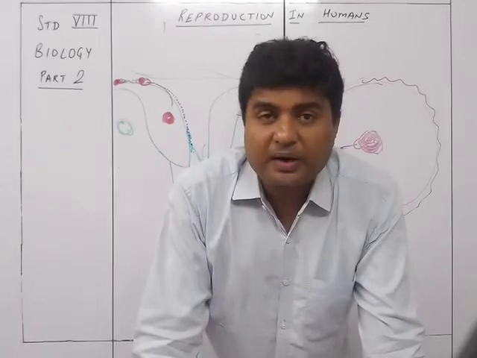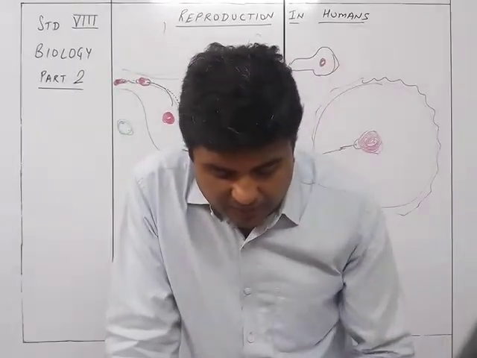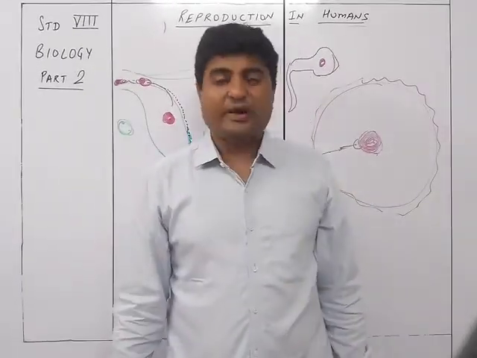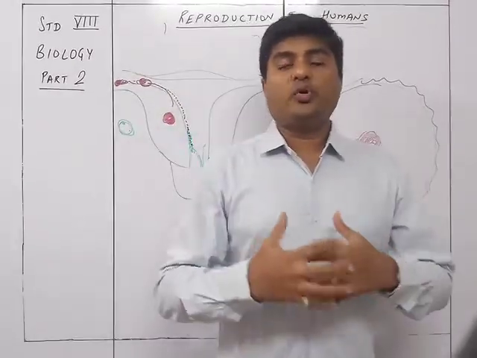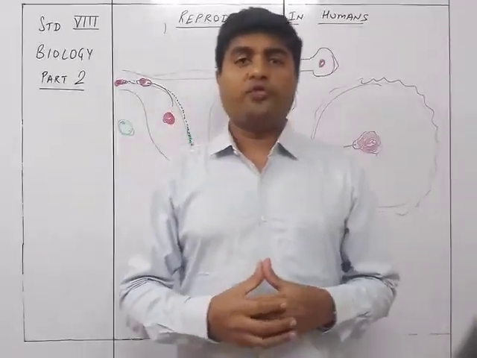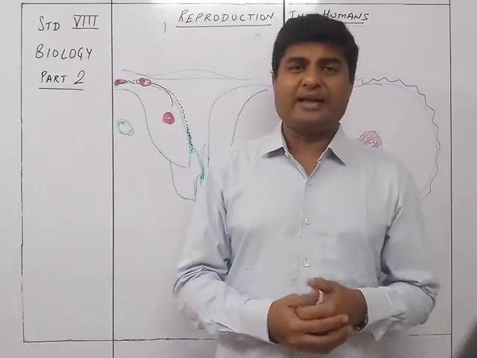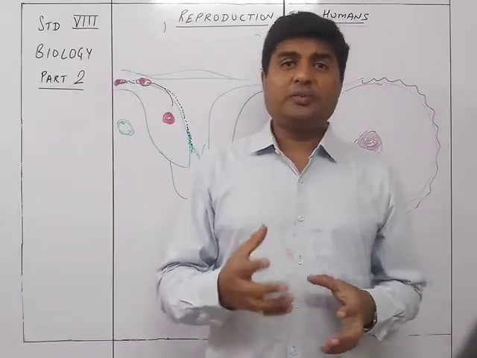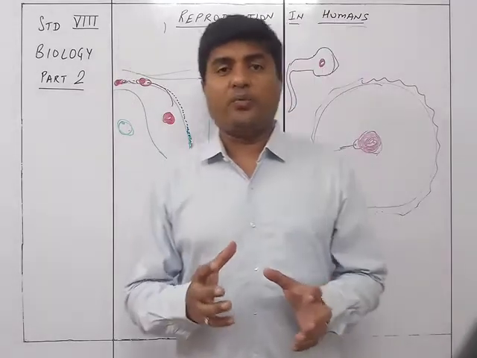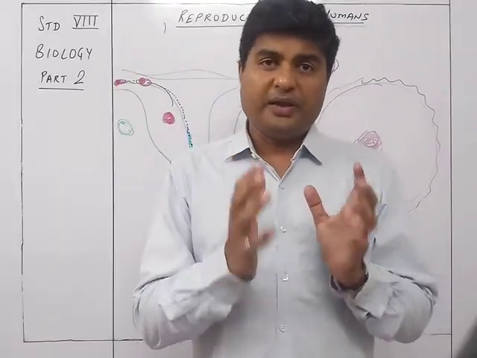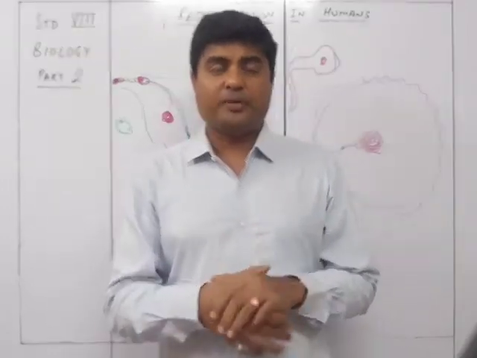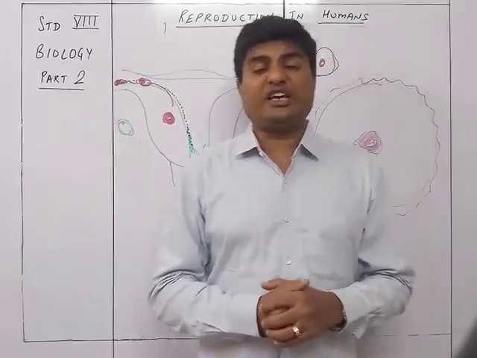Then finally, the birth. The full term of development of the embryo in the uterus is called as gestation. Now, the baby is going to remain in the mother's womb for 9 months in case of humans. So similarly, the time period for which the baby is inside the womb of the mother is called as gestation period.